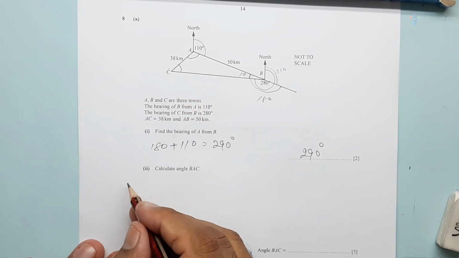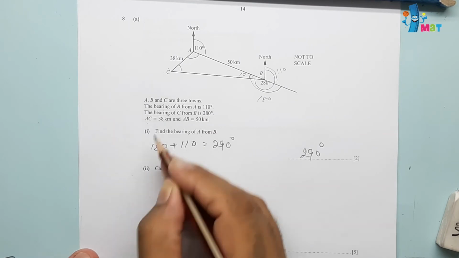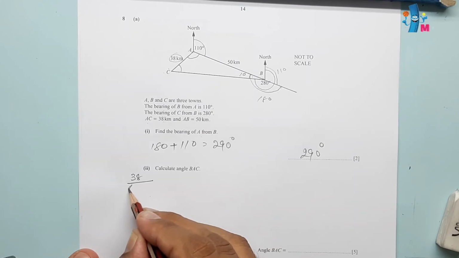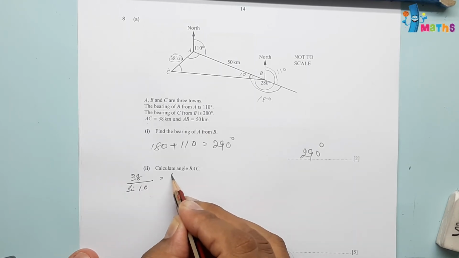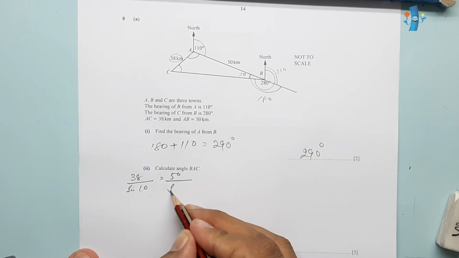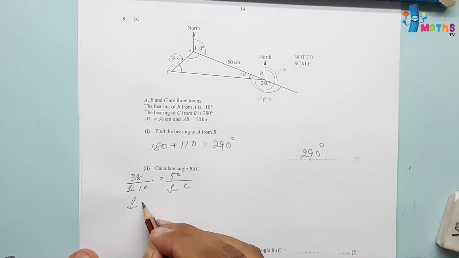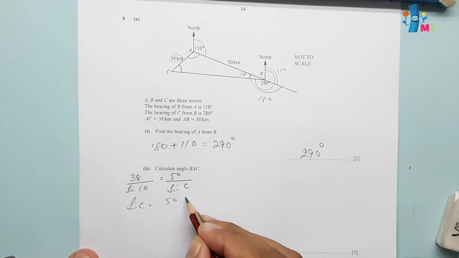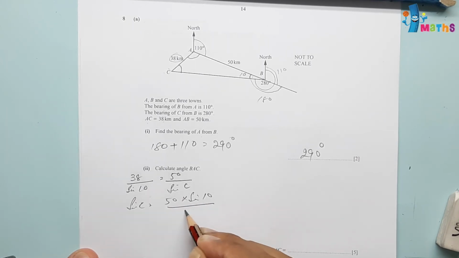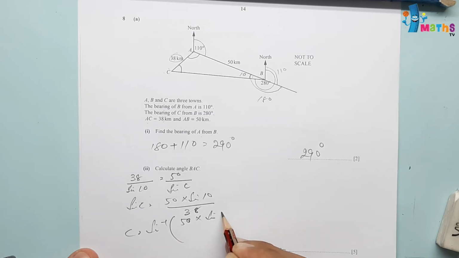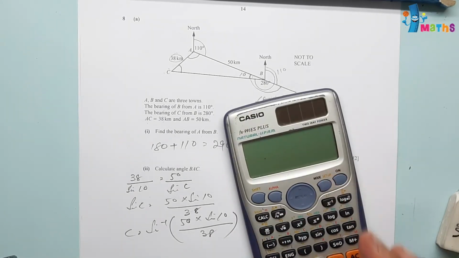So we'll apply the sine rule. 38, which is this length, divided by sine 10 is equal to 50 divided by sine C, sine of this angle. So sine C will be equal to 50 multiplied by sine 10 over 38, and C will be equal to sine inverse of 50 into sine 10 divided by 38.